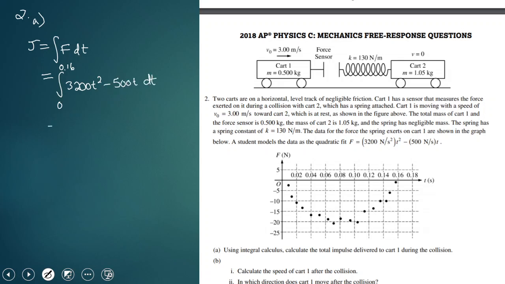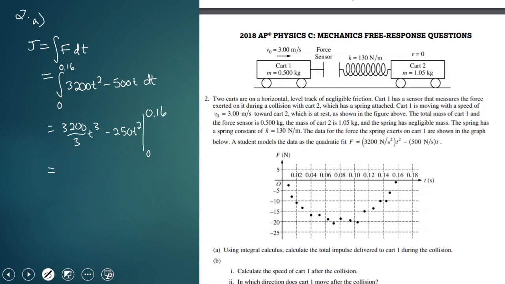This is just a simple polynomial integration. I can just directly solve this. And so we get 3200 over 3 t cubed minus 250 t squared, all evaluated from 0 to 0.16.